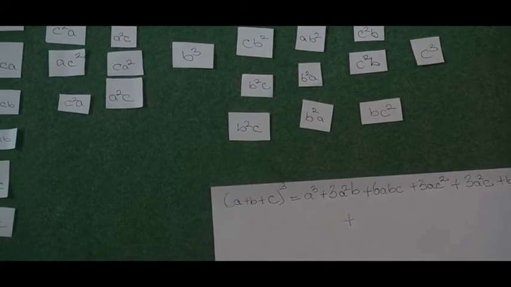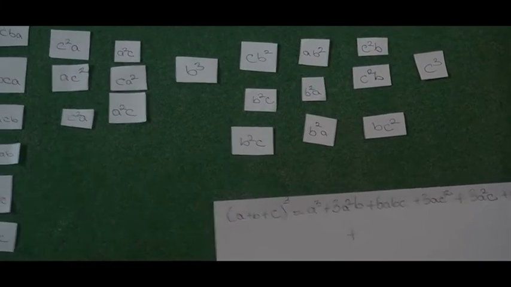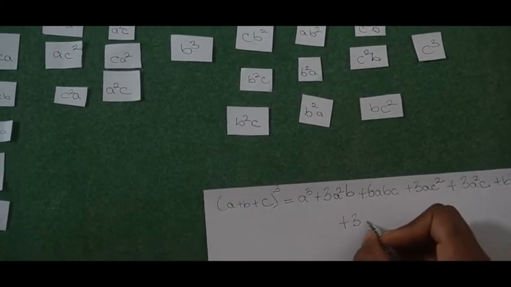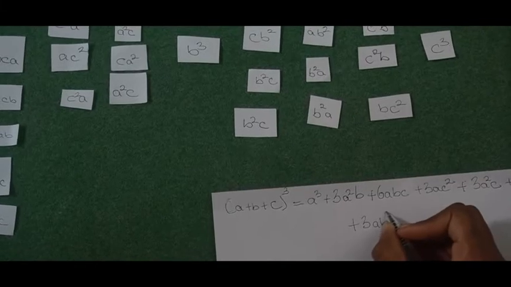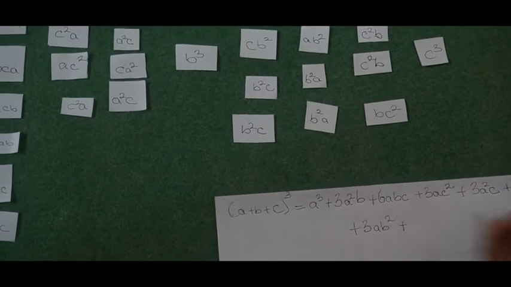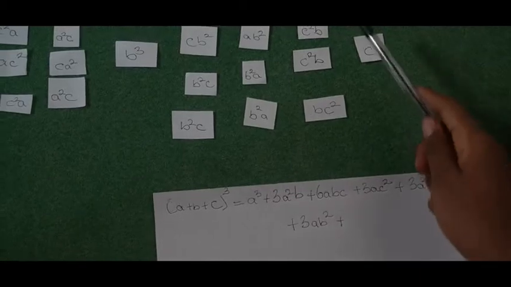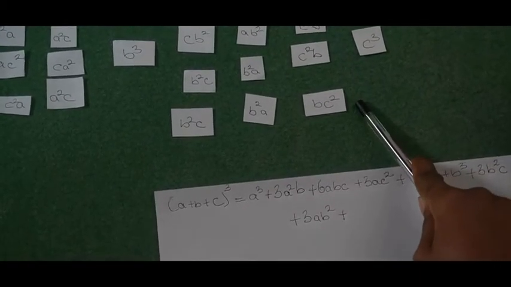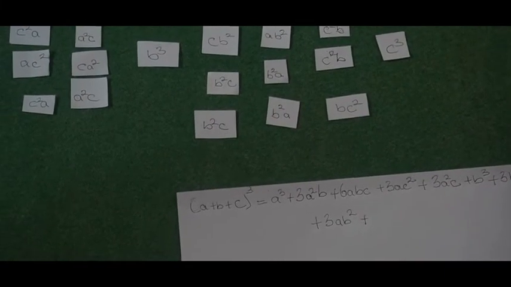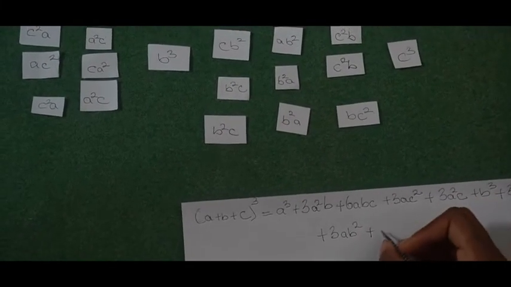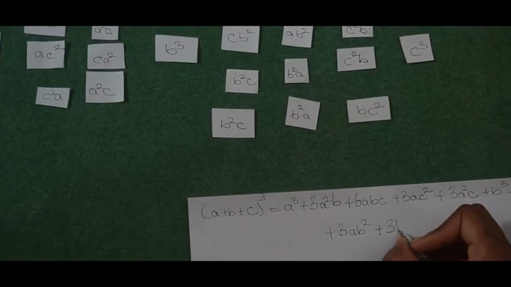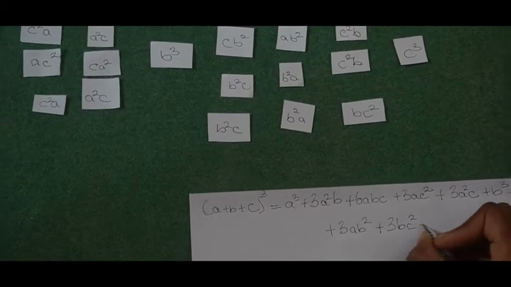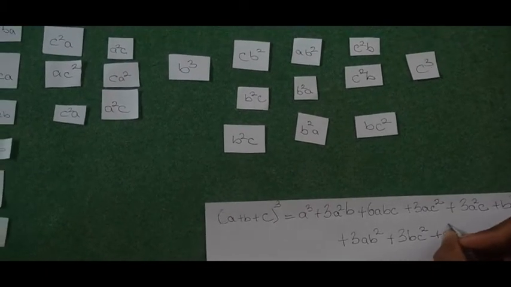Plus 3AB squared, plus C squared B, C squared B, BC squared. They're the same thing. Yes, BC squared. We have 3 of them. 3BC squared. Finally, plus C cubed.